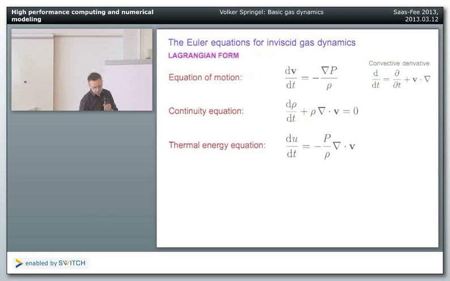You then also have a thermal energy equation. So there is an internal degree of freedom in the gas, which is the thermal energy per unit mass, or in other words, the temperature. Right? So you have the temperature of the gas. And the temperature of the gas is changed by adiabatic work against the fluid element.